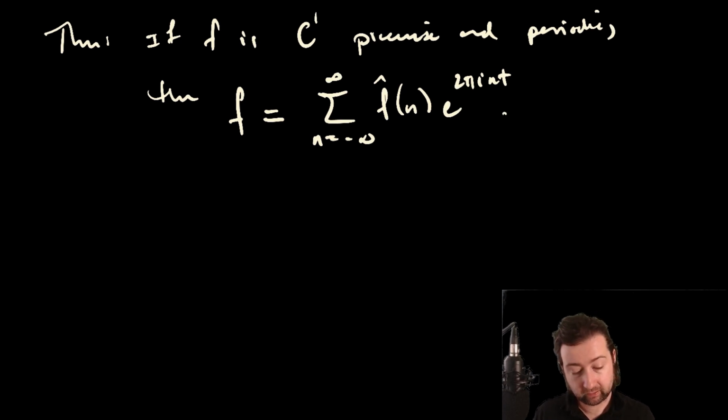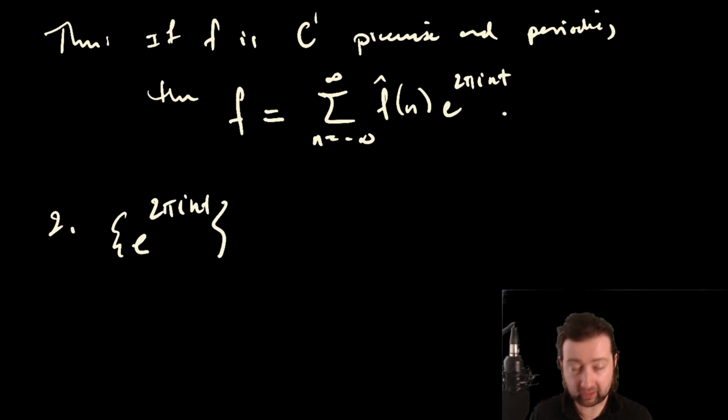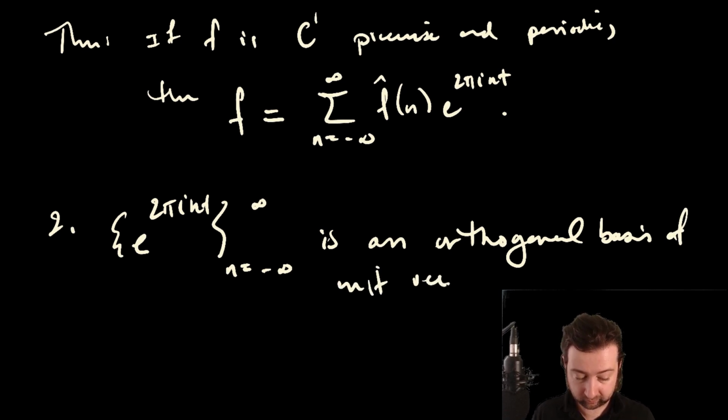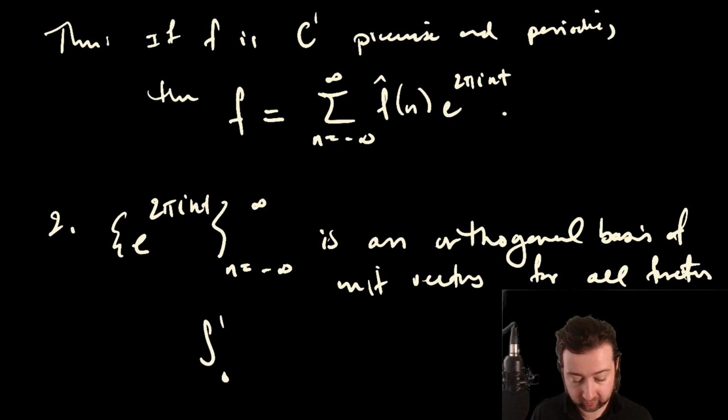Second, we showed that e^(2πint), that family of functions for n equal to minus infinity to infinity, is an orthogonal basis of unit vectors for all functions that have the property that the integral from 0 to 1 of the absolute value of f squared dt is finite.